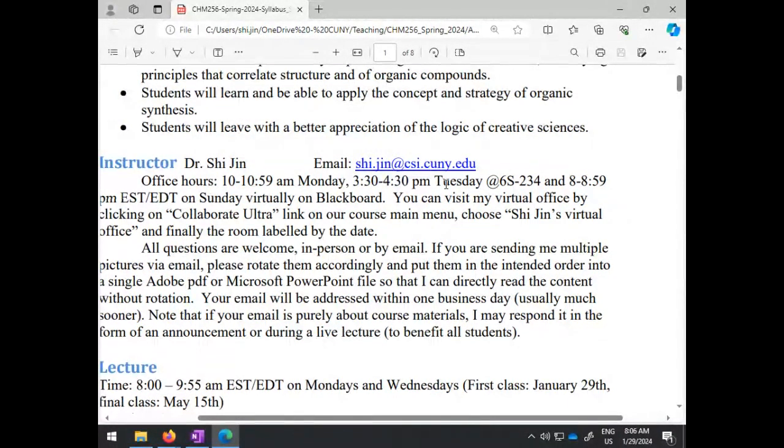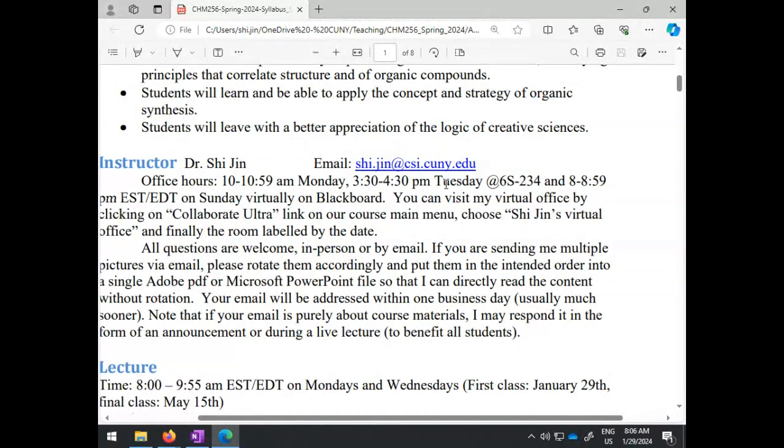Then you will find a specific room in the virtual office. Then you can find a list of days by date, and only one room will be accessible. So that's the room you're gonna be using.